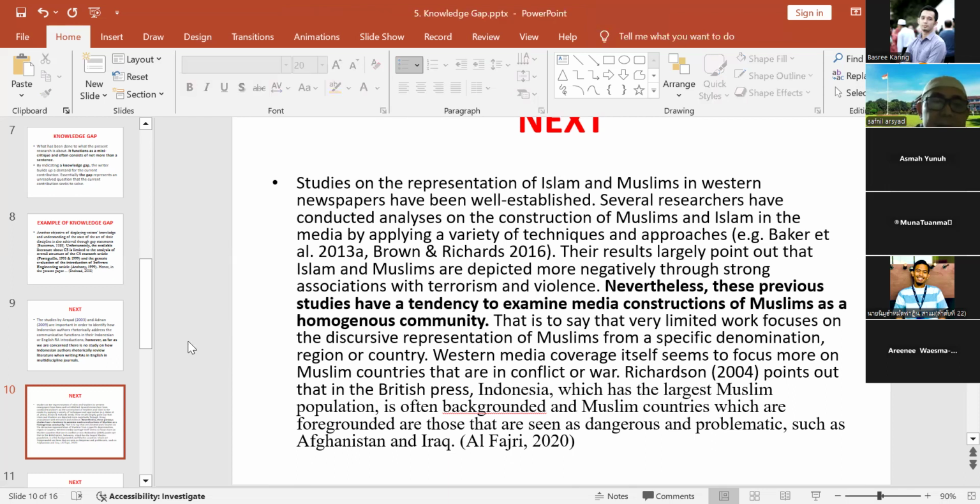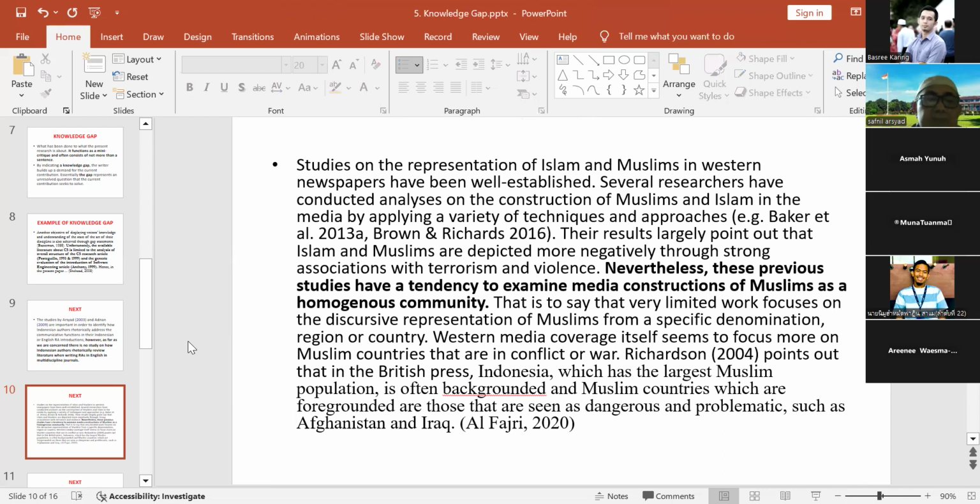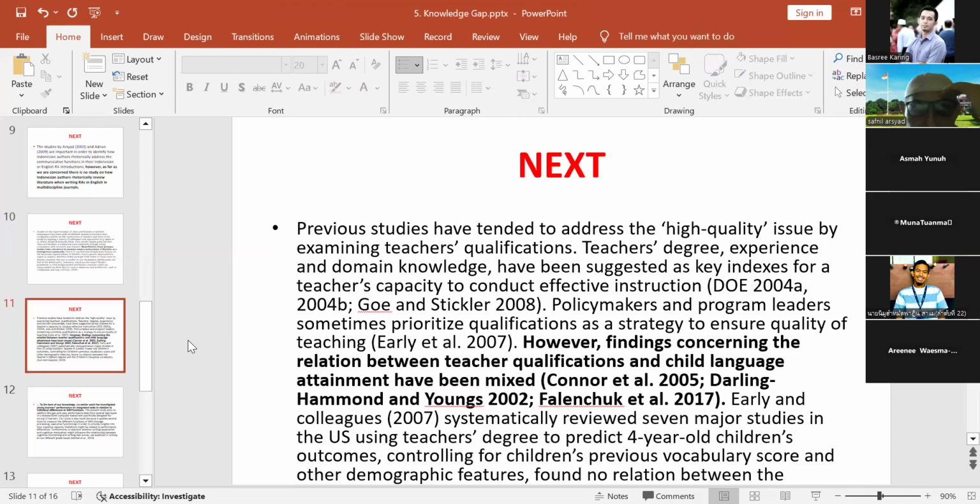Okay, this is another example. However, findings concerning the relation between teacher qualification and child language attainment have been mixed. So this is also a critic to the previous studies. Have been mixed means the findings are not consistent.